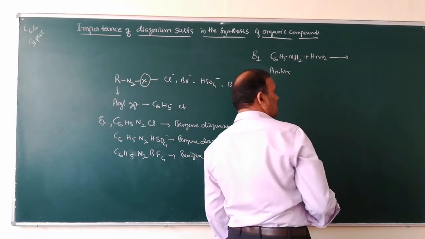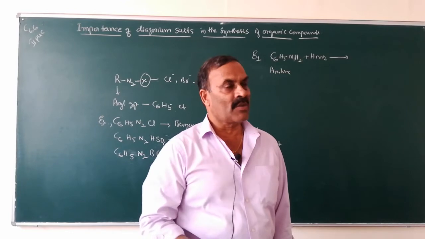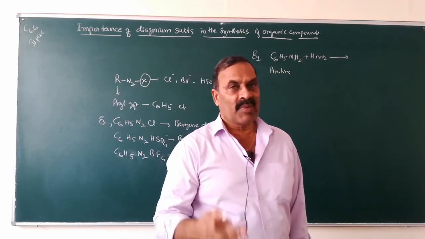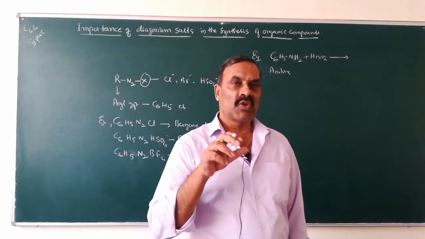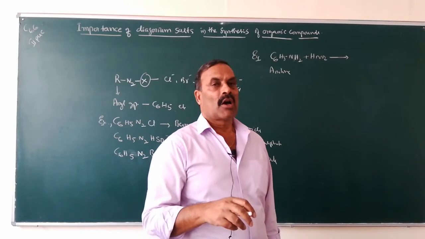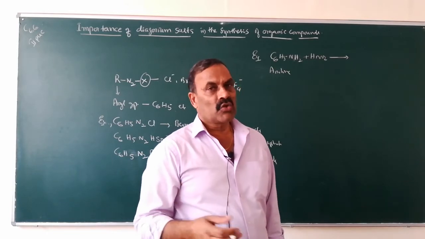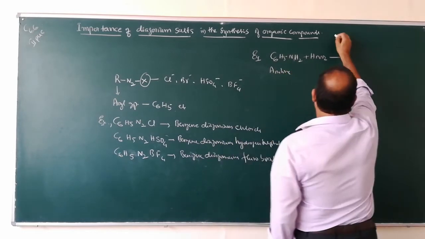How is nitrous acid prepared? Nitrous acid cannot be prepared and stored in your laboratory, and it is prepared as and when it is needed. When sodium nitrite is treated with hydrochloric acid at 0 to 5 degrees centigrade, you will get nitrous acid.